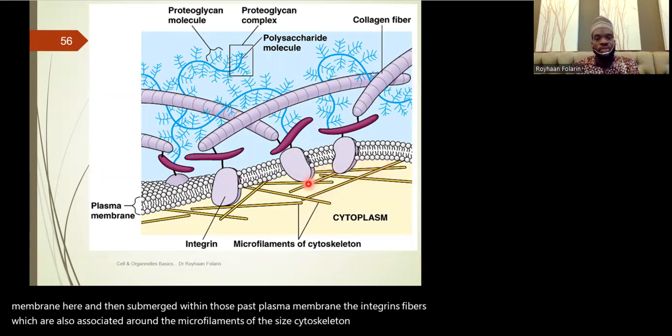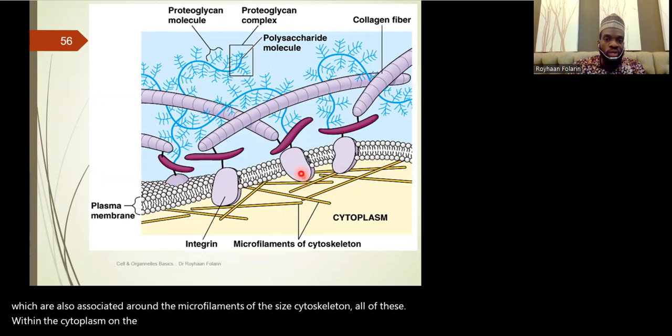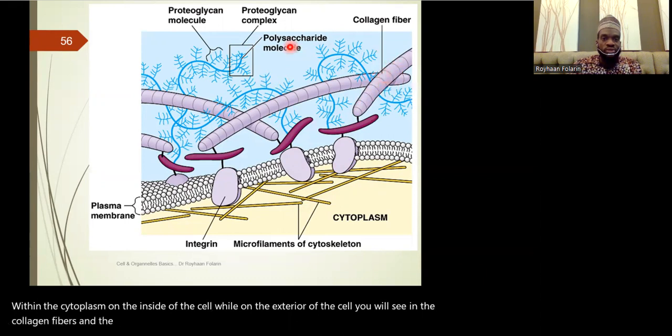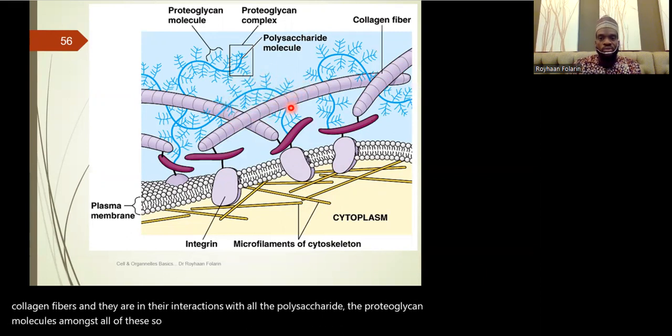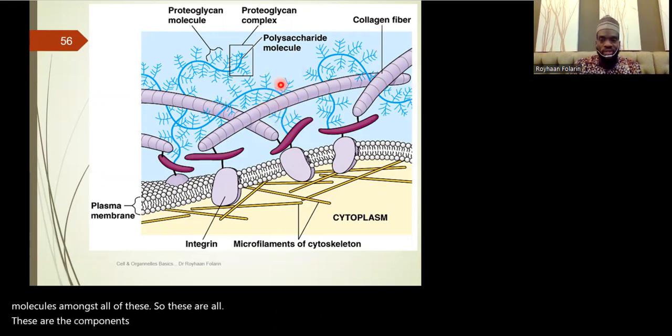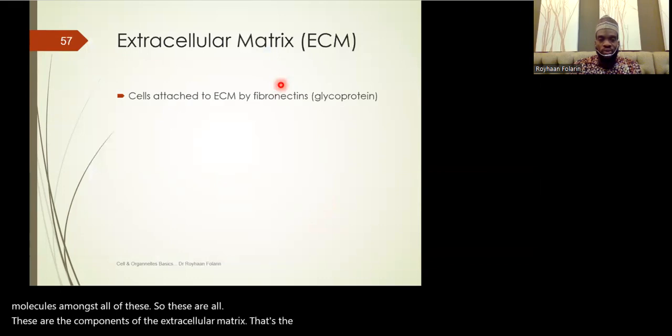All of these are within the cytoplasm on the inside of the cell, while on the exterior of the cell, you'll be seeing the collagen fibers and their interactions with all the polysaccharides, the proteoglycan molecules, amongst all of these. So these are the components of the extracellular matrix. That's the things you find on the exterior of the cells.